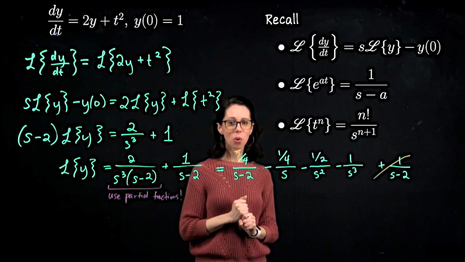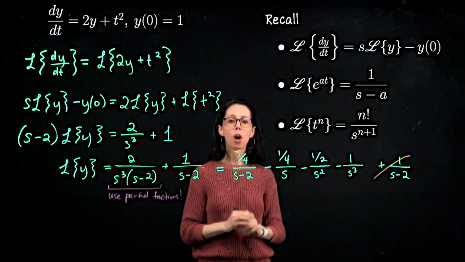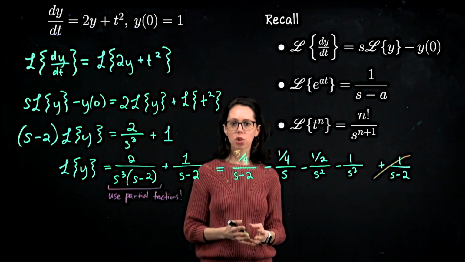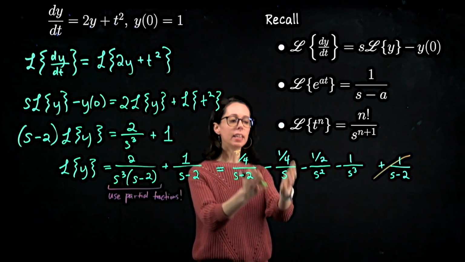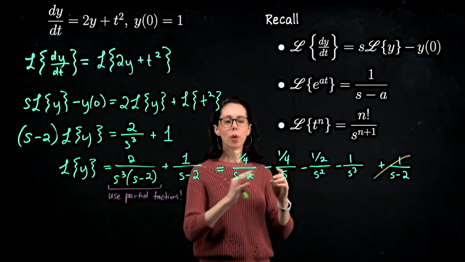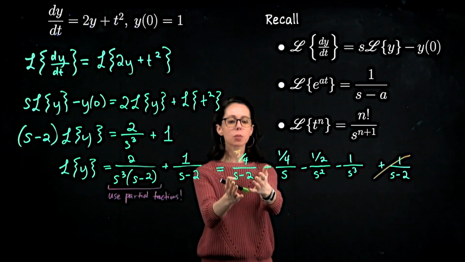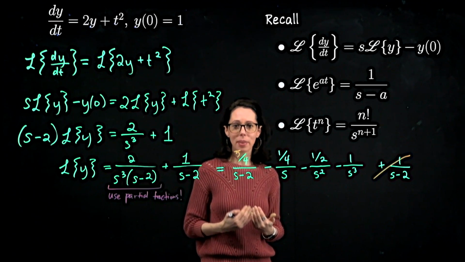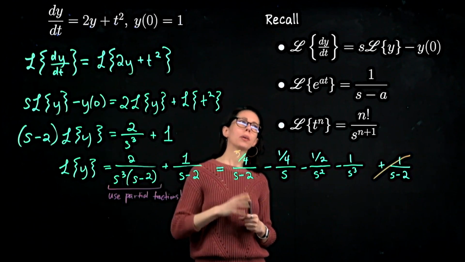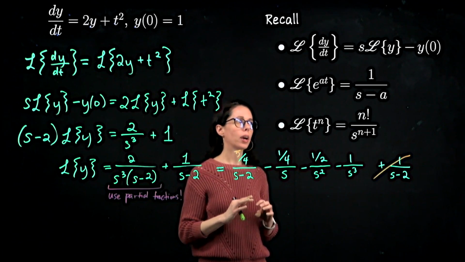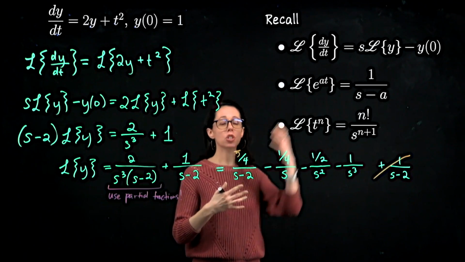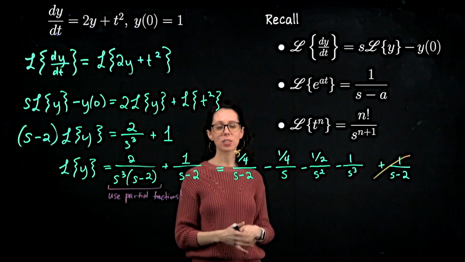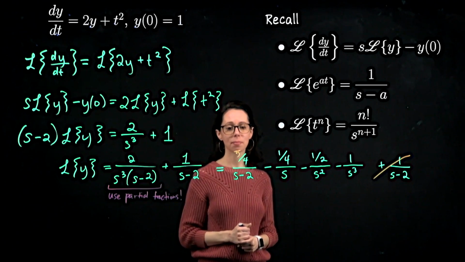All right, now it's a question of recognizing what you would have taken the Laplace transform of to get each of these 4 expressions. So I want to realize that this expression looks like the Laplace transform of something. I need to find what that something is. There is no recipe for recognizing Laplace transforms except to just know them and do a lot of practice so that you start to recognize familiar pieces.